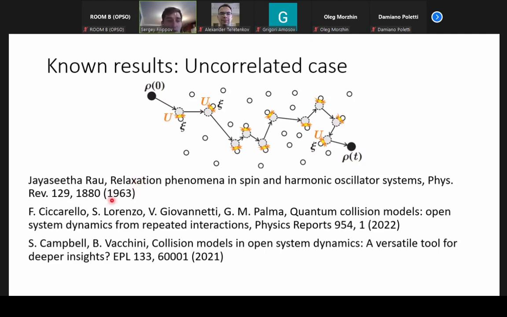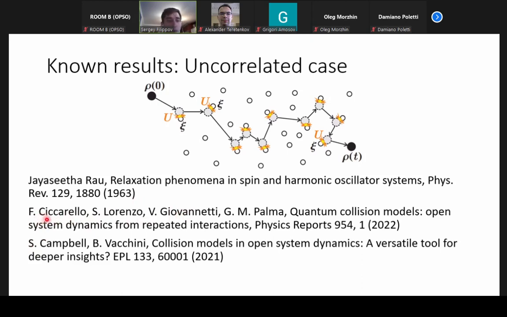And the first I'm aware about is the paper by J. S. C. Thoreau, published back in 1963, which considered the case of uncorrelated environmental particles, and in an appropriate limit, Markovian dynamics for the system rho was reproduced, and the generator was found. A review of this original paper and many papers that followed it is given by two recent papers here.